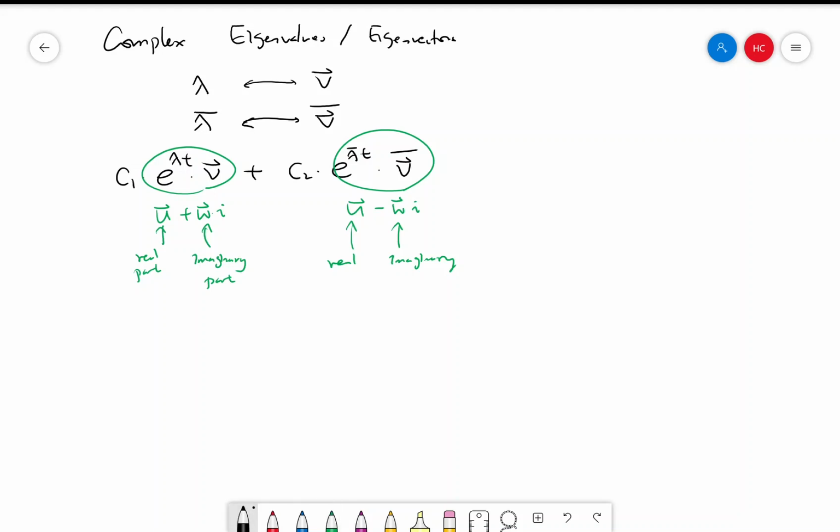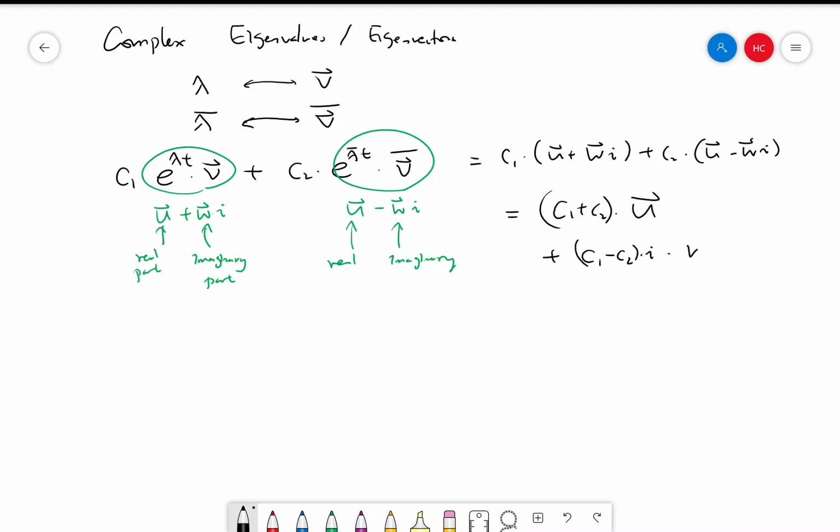So this is equal to C1 times u plus wi plus C2 times u minus wi. So this is equal to C1 plus C2 times u plus C1 minus C2 times i times w.